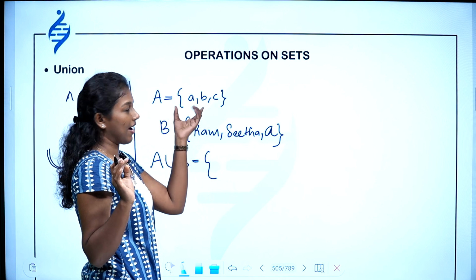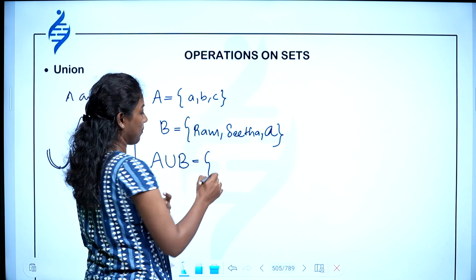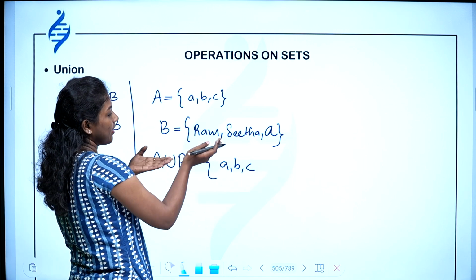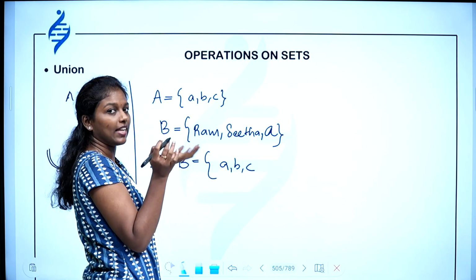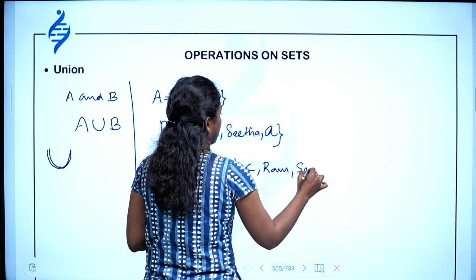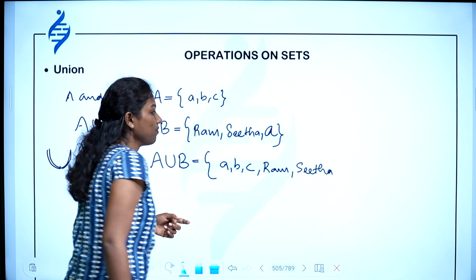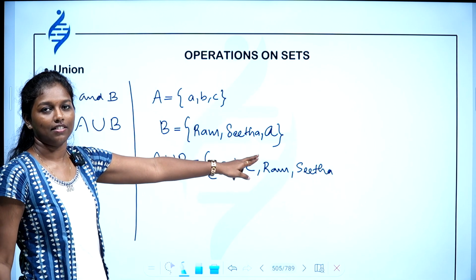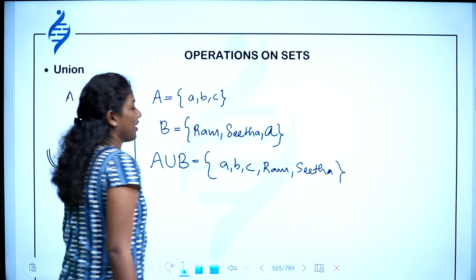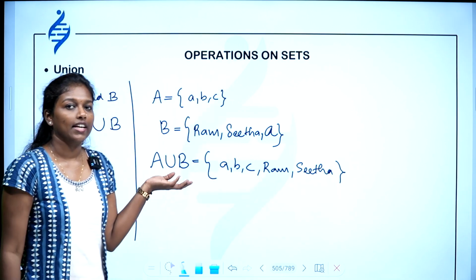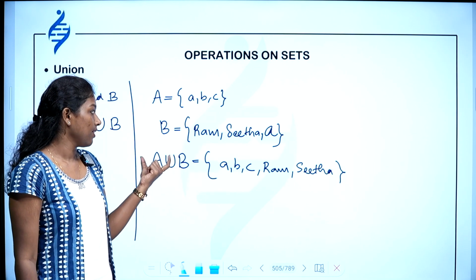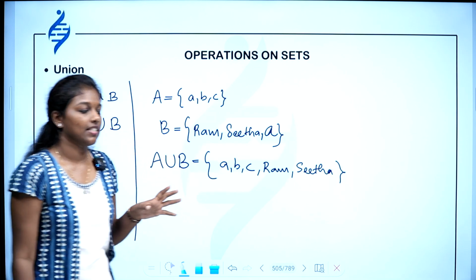First of all, you have to write those elements in A, that is A, B, C. Then you have to write down the elements of B also, that is Ram and Sita. Should I write this A again? No, because A is written there once. So this is A union B. While taking union, if an element is repeated twice, you have to write it only once. So this is union.